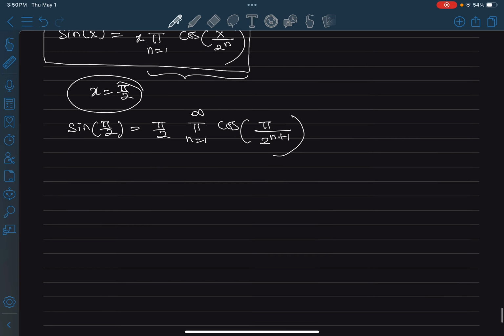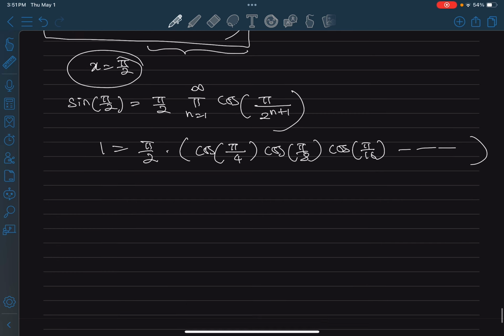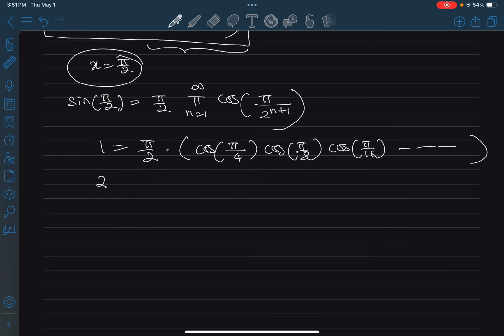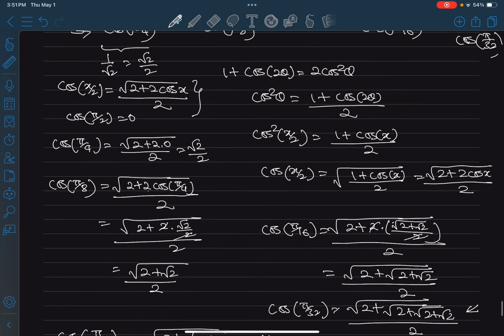Because x is pi over 2. Now sine of pi over 2 is 1, and pi over 2 times this is just, if you open it, cos of pi over 4, cos of pi over 8, cos of pi over 16, and so on, right? Now this goes to the other side, and 2 over pi actually becomes the product that we wanted to evaluate, this product, right?